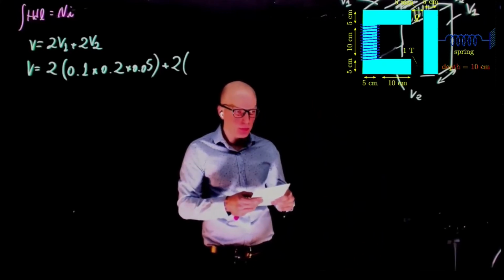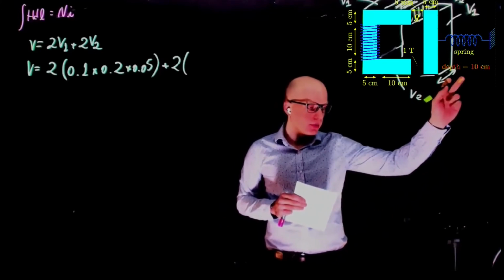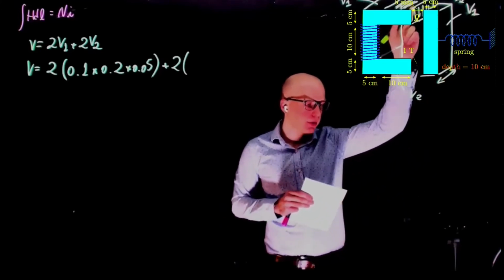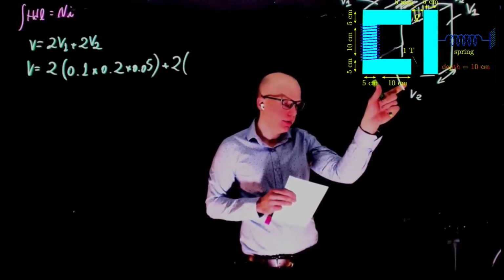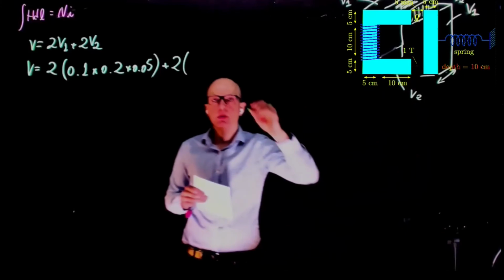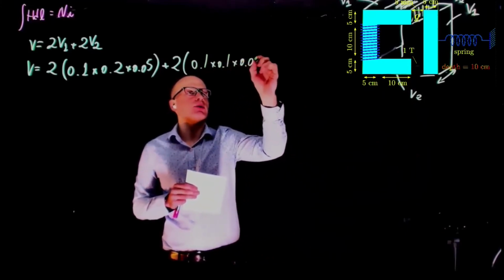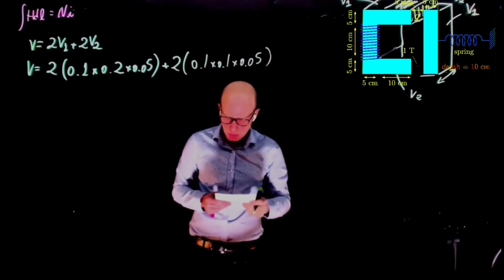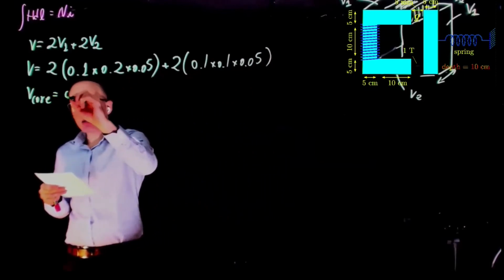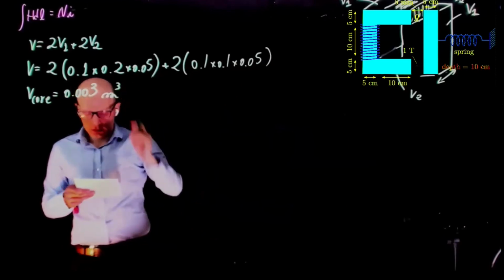So that's 10 for the depth, 10 for the width, and 5 for the height. So 0.1 times 0.1 times 0.05. So this gives a total volume for the core of 0.003 cubic meters.